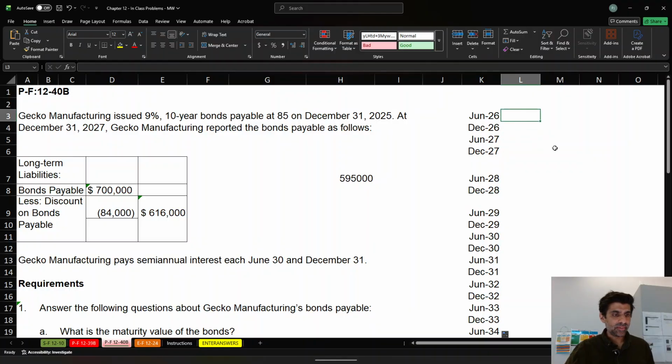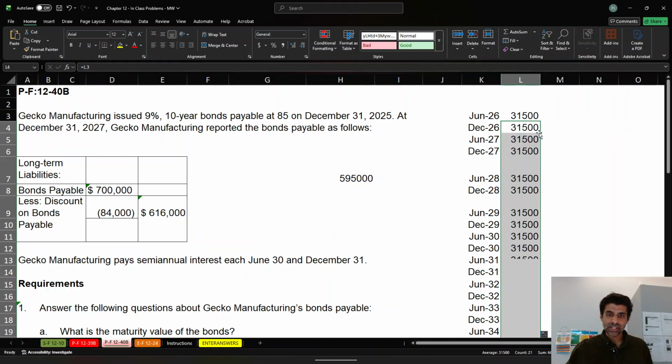And each payment is going to be face value times coupon rate, 9%, divided by 2, because it's semi-annual. Okay? And this is going to be the payment of cash.